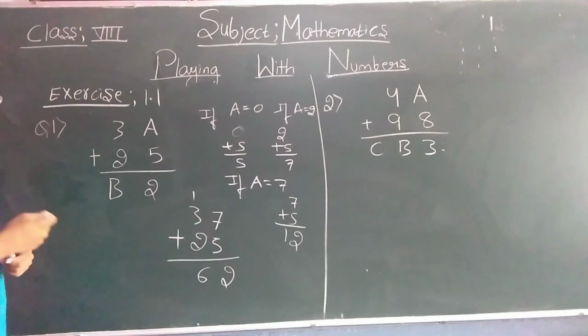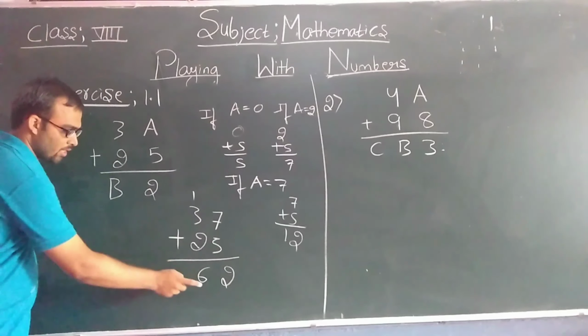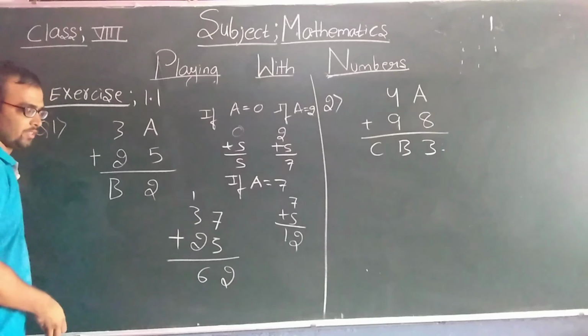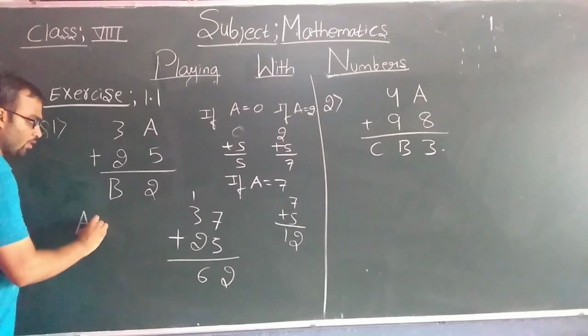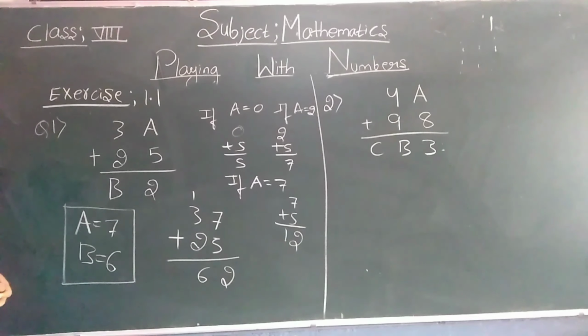What is the value of a and b then? At the place of b, the digit is 6, and at the place of a, the digit is 7. So the value of a is 7 and the value of b is 6. So this is the first problem.